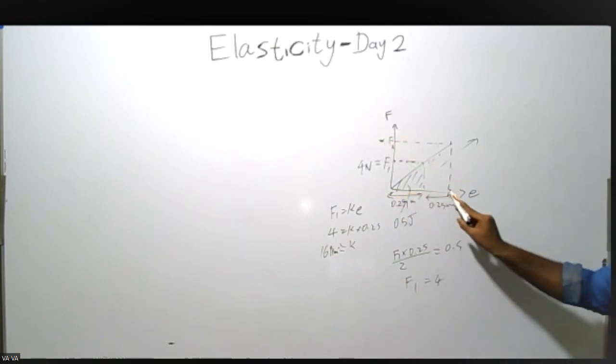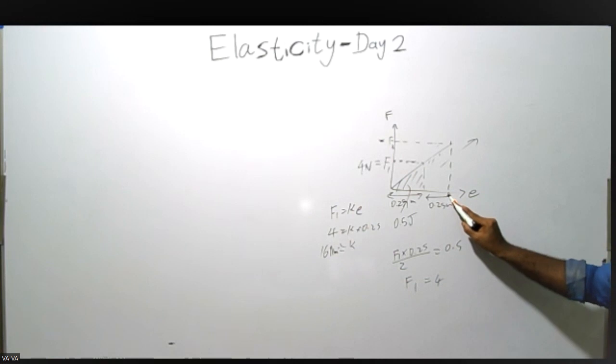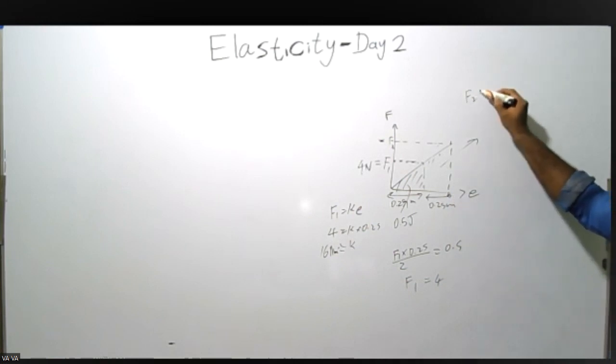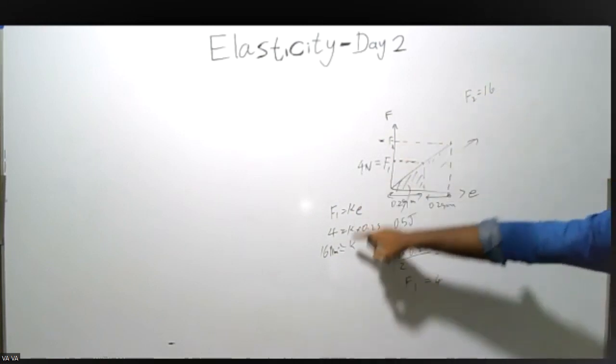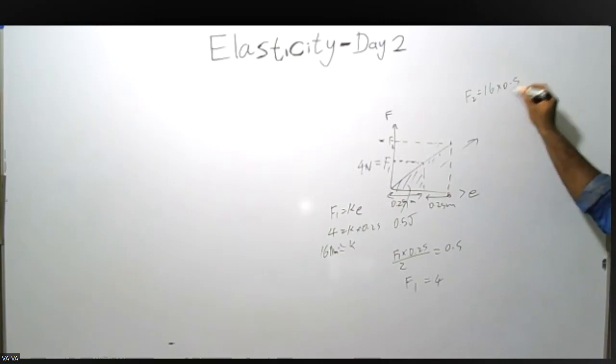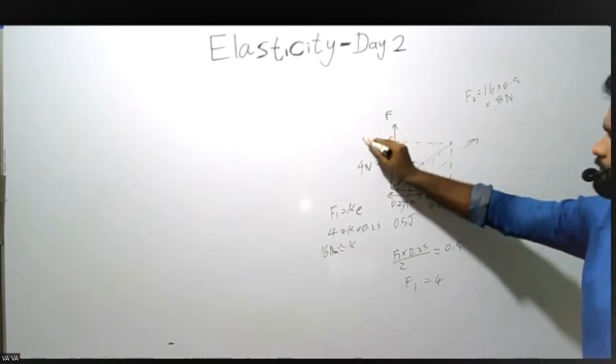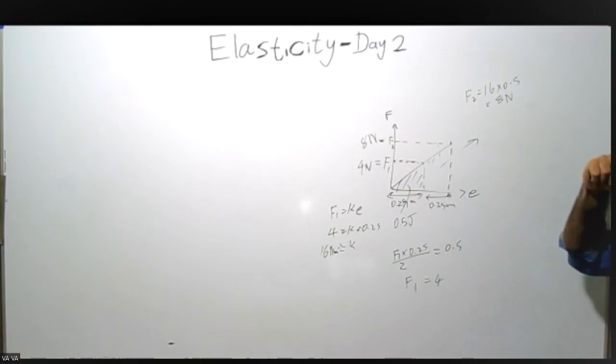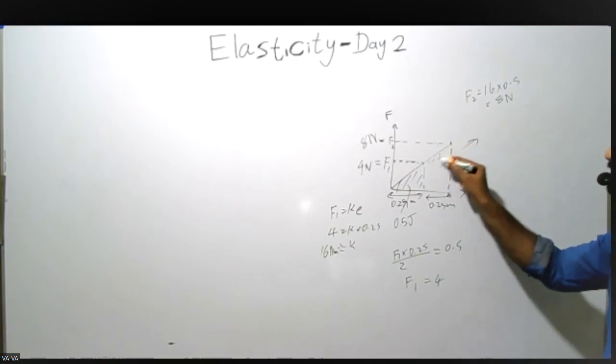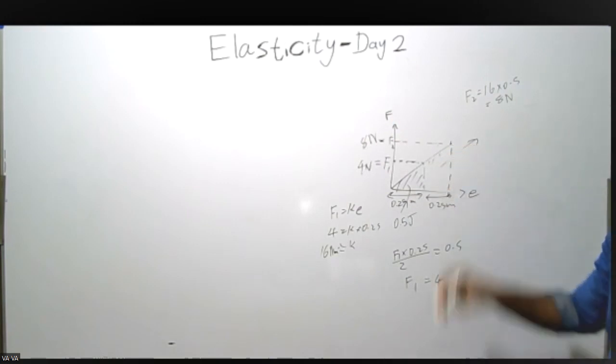So from that you can find the F2 value. From here to here it is 0.5. So F2 is equal to K times 0.5, which is 16 times 0.5, so that is 8 Newton. F2 is 8 Newton. Now we know all the values required to find the area of this.